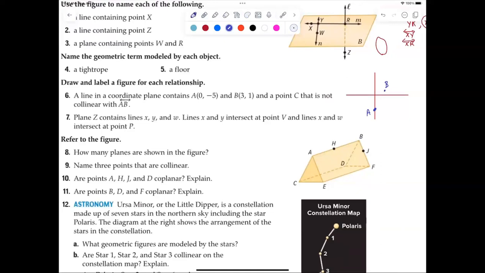So what does not collinear mean? Yeah, not on that line. Anywhere you can put it. Put a dot and label it C.